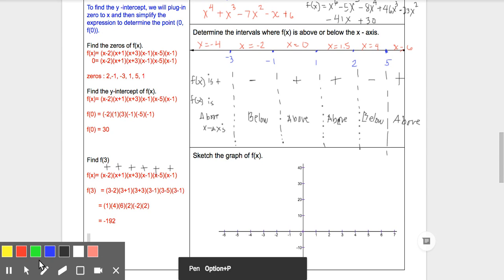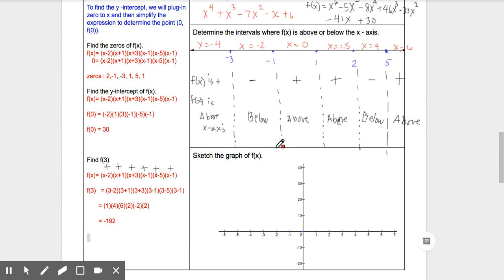So to graph, we want to put our x-intercepts or zeros of the function in this coordinate system. So zeros are 2, negative 1, negative 3, 1, 5, and 1, which is already here.